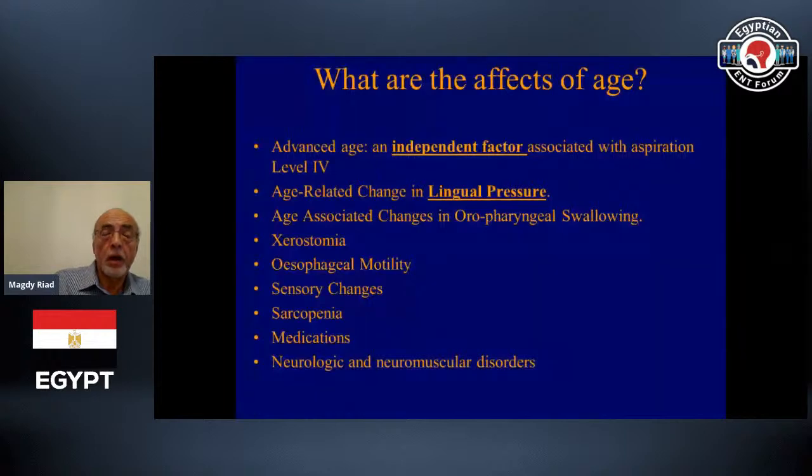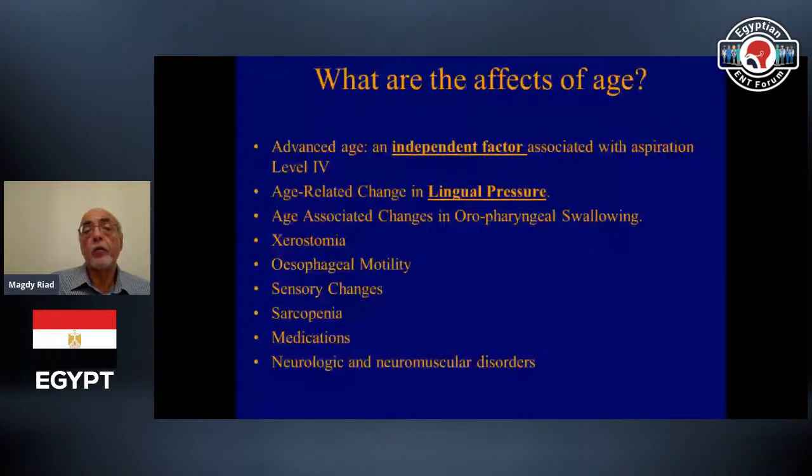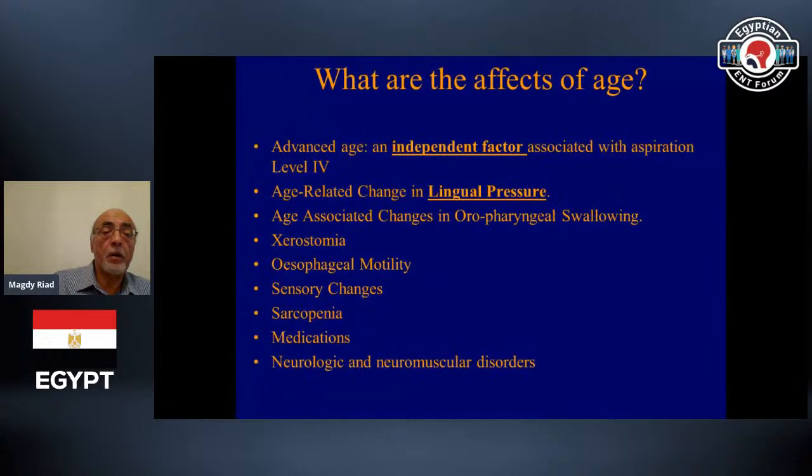When you lose a bit of the lingual pressure and control, then you start to have aspiration, followed of course with the problem affecting the oropharyngeal muscles, but also things like dryness of the mouth and slow esophageal motility or spasm, sensory changes in the pharynx, loss of muscle power and muscle volume, and medications would also contribute.